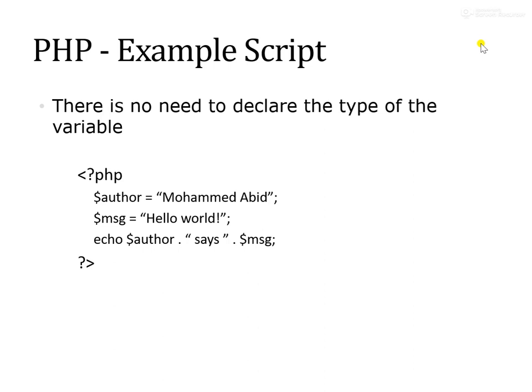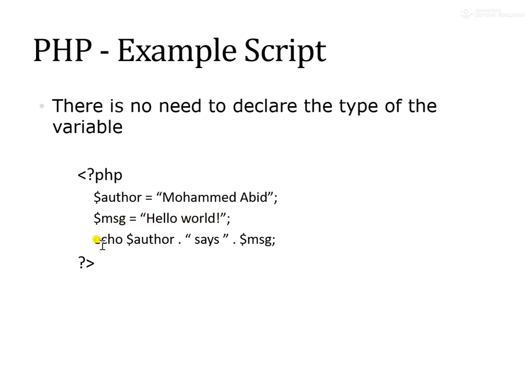Here we have an example where we have two variables. The first variable is author, and we assign it a string value, Muhammad Abid. Then we have another variable, msg, and we assign it another string, hello world.